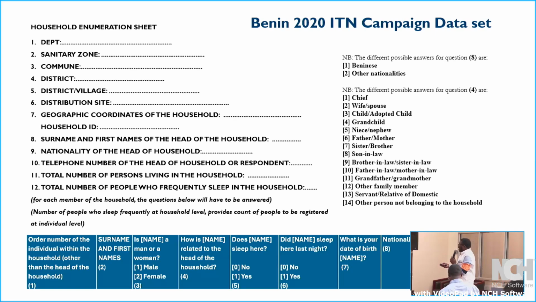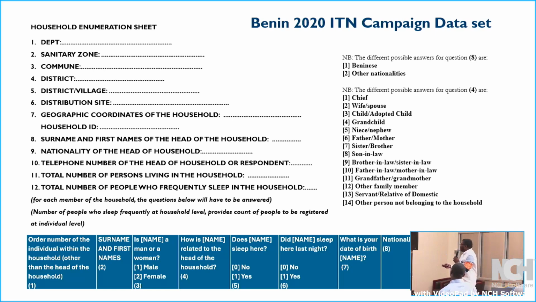So for each member in the household, all these questions would need to be answered. Now, this is the interesting part. If at this point we are saying that we have 6 people who sleep in the household frequently, so you now have to receive the name and the surname of all the 6 people.